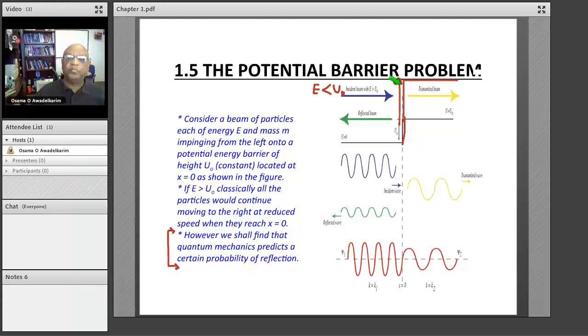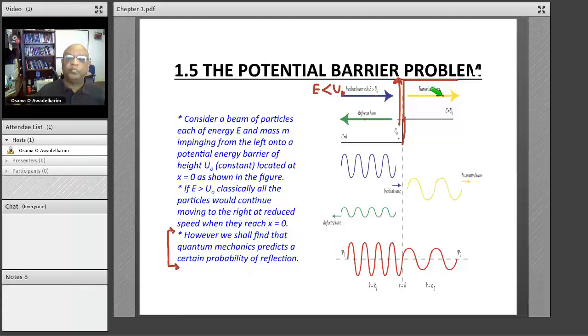Okay, classically, using classical mechanics or Newton mechanics, what do we expect? All the particles have energies smaller than the barrier, so they should all be reflected. Nothing should go through the barrier. So all of this blue wave should be a reflected wave. No yellow wave, no transmitted wave.